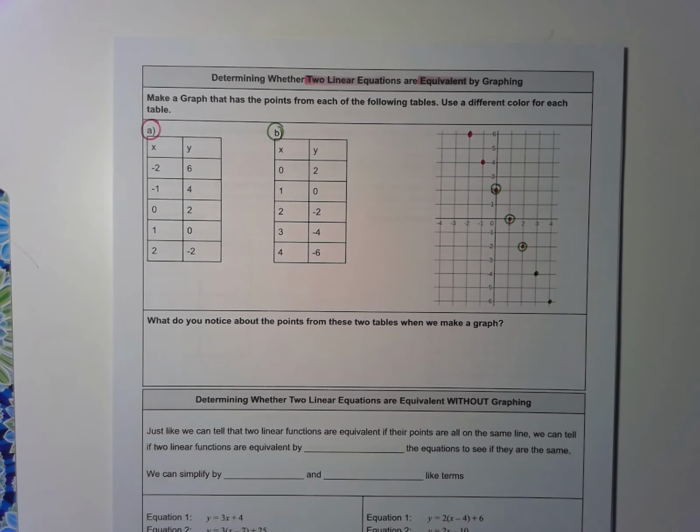Now, what do we notice about the points from these two tables when we make a graph? Well, what I notice is that when you look at them all together, they make a straight line.